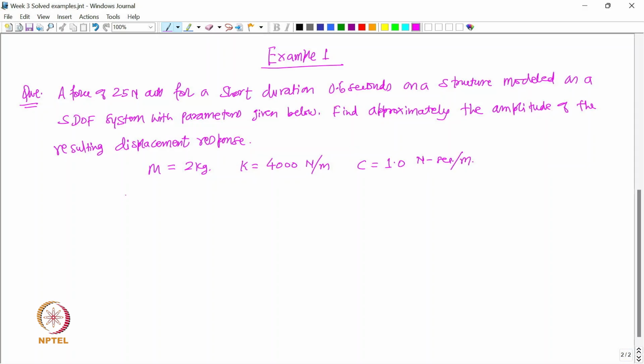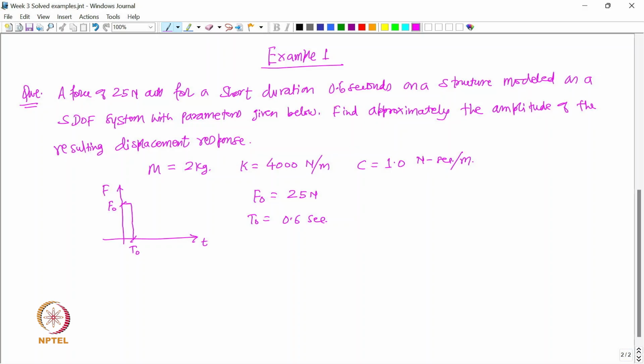So, essentially we have got this force like this, acting for a short duration. Let us say this is F naught and this is T naught. F naught is given as 25 newtons and T naught is given as 0.6 seconds.